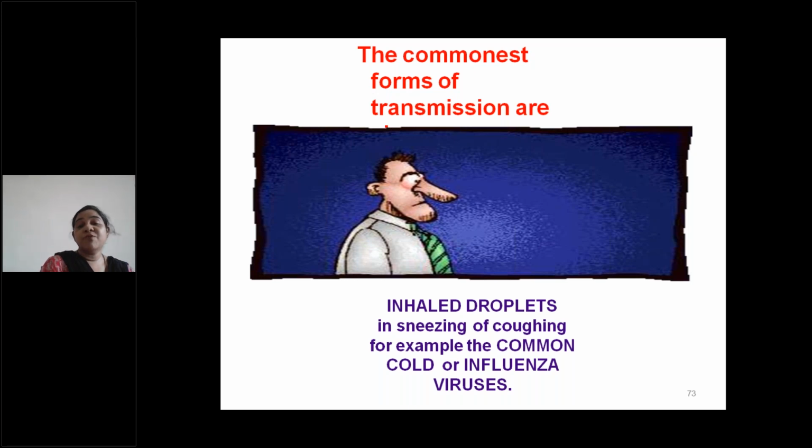The most common form of transmission of viral infection is through inhalation. It may be by droplets. Example, common cold, influenza. We all get common cold, right? In a year, at least 3-4 times we get common cold, right?